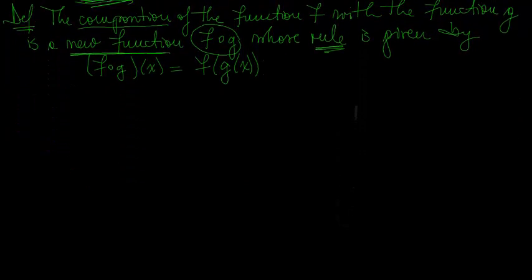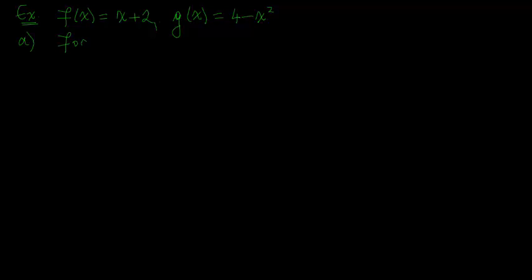So let's look at an example and try to write down what the composition of two functions is. So let's say f of x is x plus 2. And g of x is going to be, say, 4 minus x squared. If I try to compute f composed with g of x, then by definition this is just f of g of x.